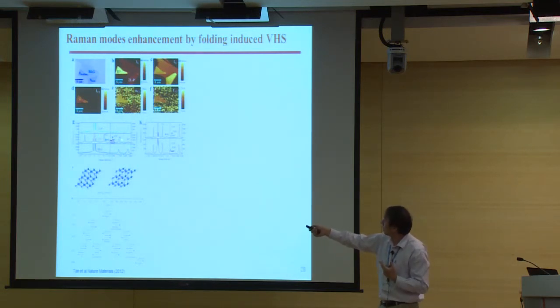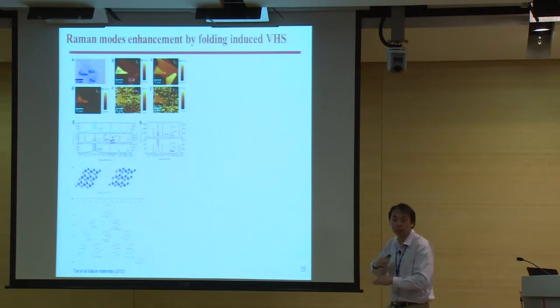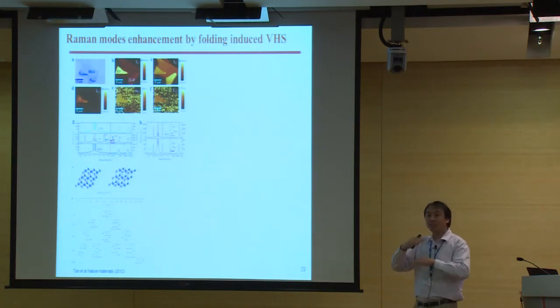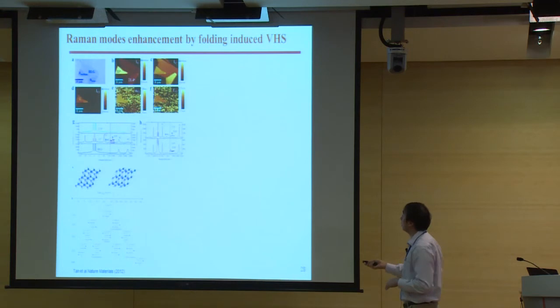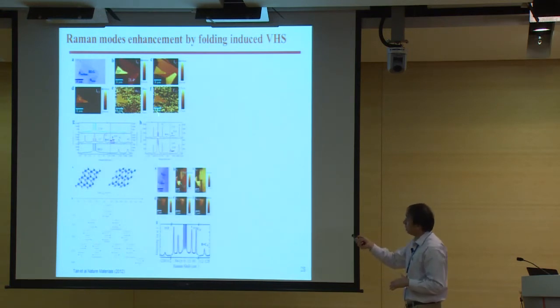You can see the G is remarkably enhanced due to the van Hove singularity, and meanwhile, as we expected, the shear mode is also dramatically enhanced. If you change the rotation angle, the position of this shear mode doesn't change at all, so it is quite robust. It comes purely from the mother flake of AB stacked bilayer, and it is not affected by the rotation or folding. So this is 2 plus 2.